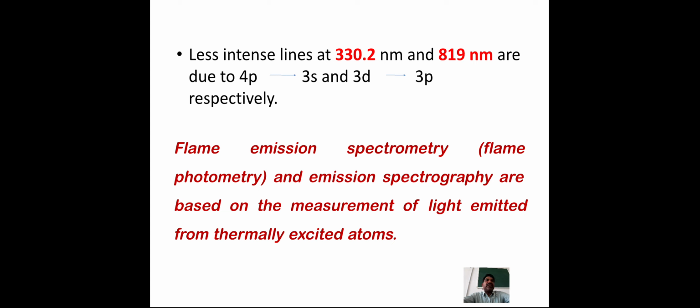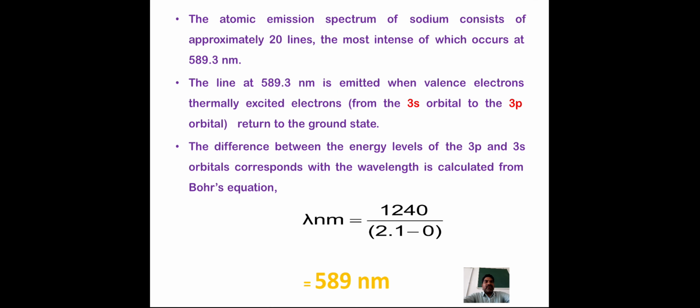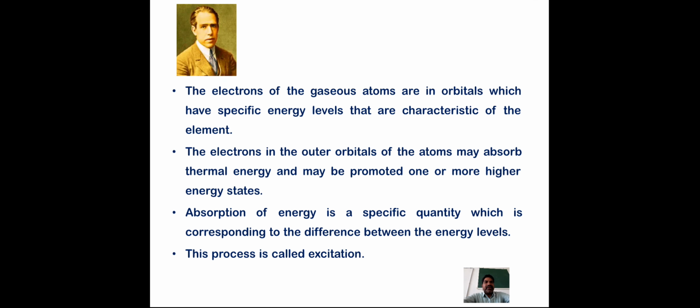The intensity greatly depends on the atomic population. If the population is more, the excitation is more, and if the excitation is more, the emission is also more. Similarly, atomic absorption can be measured through the intensity of photons absorbed by ground state atoms. This is how different atoms can be identified and quantified.